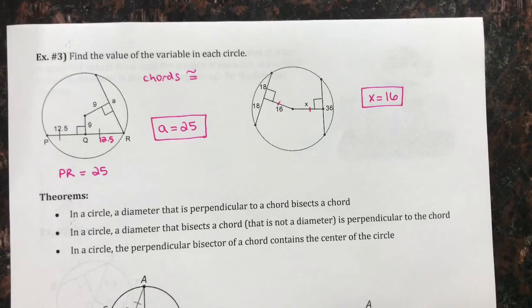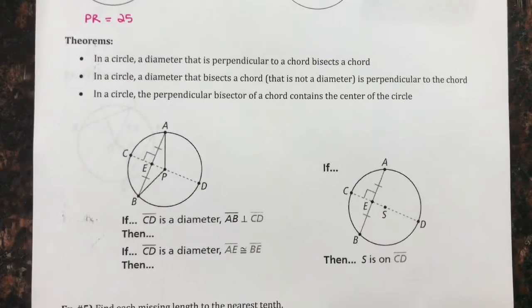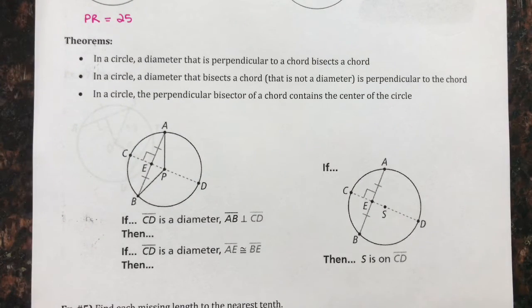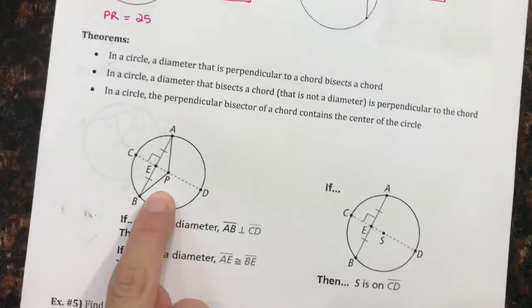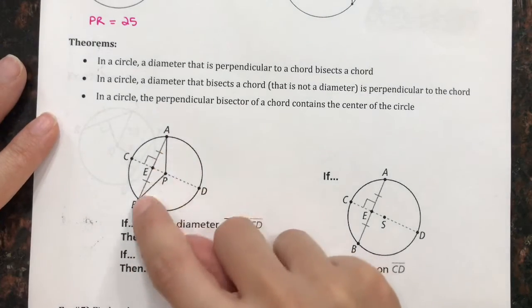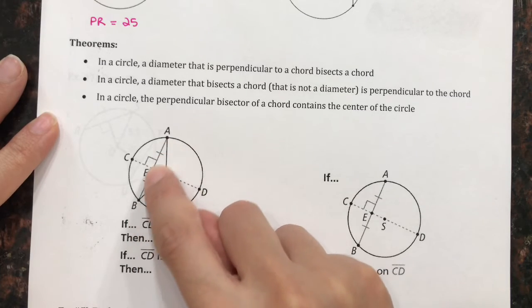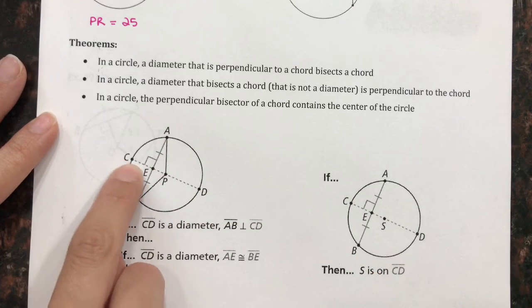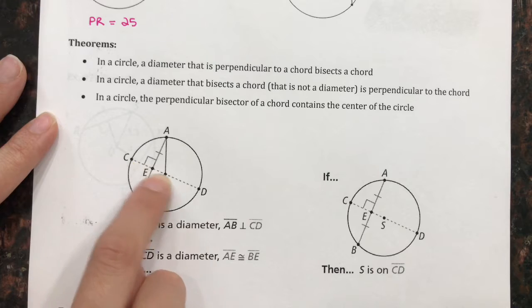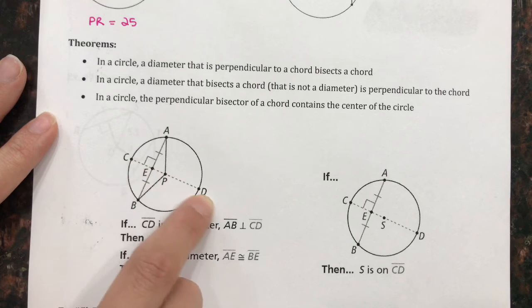All right, so our last few theorems say in a circle, a diameter that is perpendicular to a chord bisects the chord. And to understand this, I'm actually going to look at this picture. You'll notice that I have chord AB drawn in, and there's a diameter that cuts through that chord.